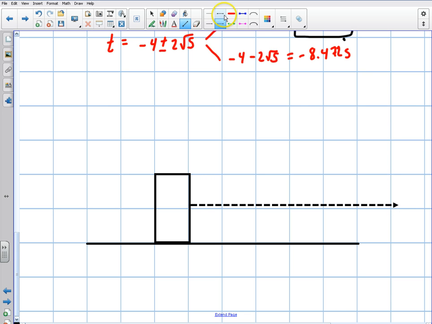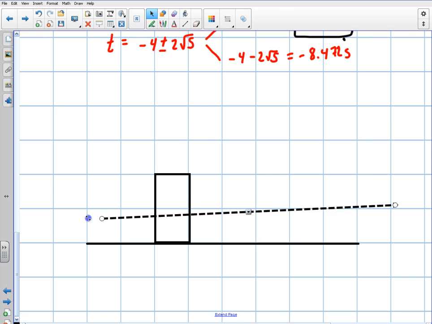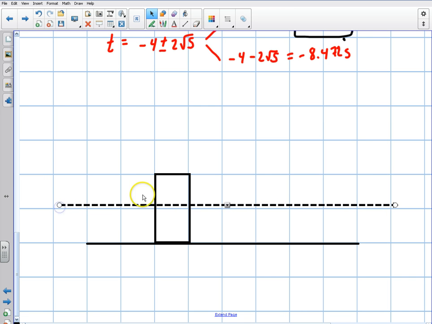Let's say that represents a certain height, or a certain displacement, from the ground. So you're launching something off of a building here, and you want to know when it is going to reach this displacement. Let me just extend this across here. You want to know when is it going to reach this displacement down here. When is that going to happen?